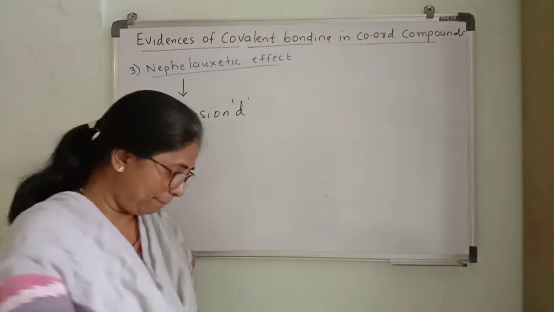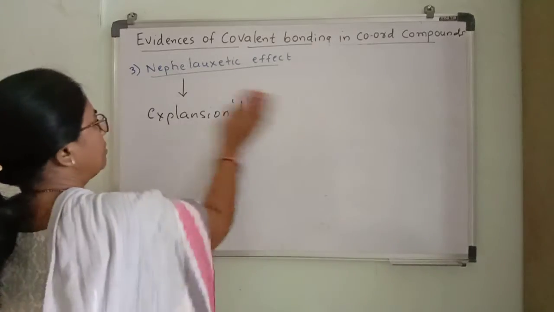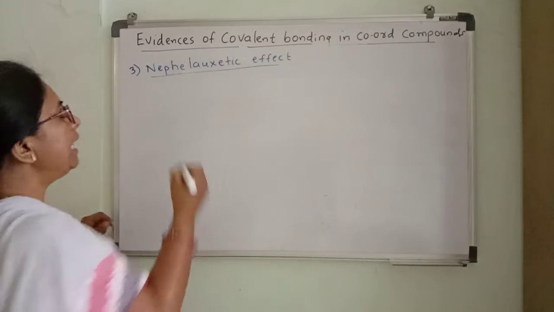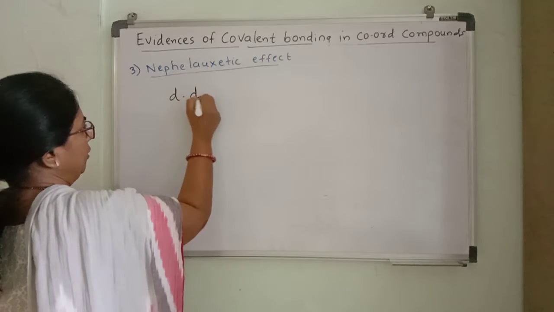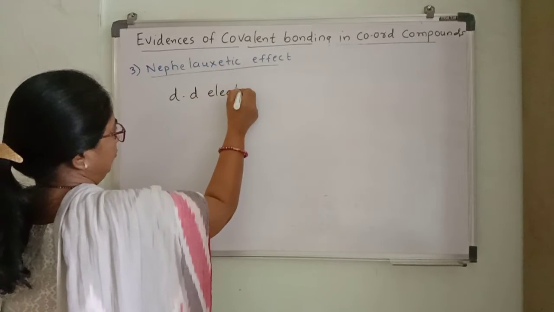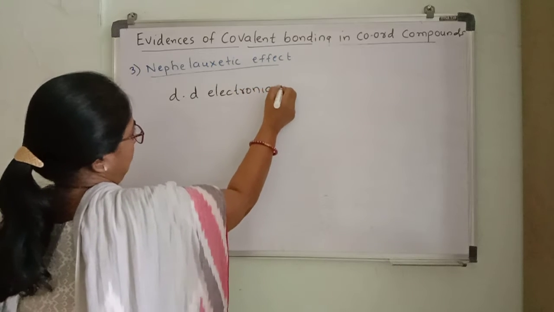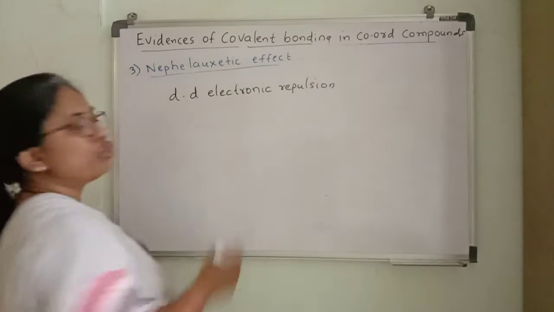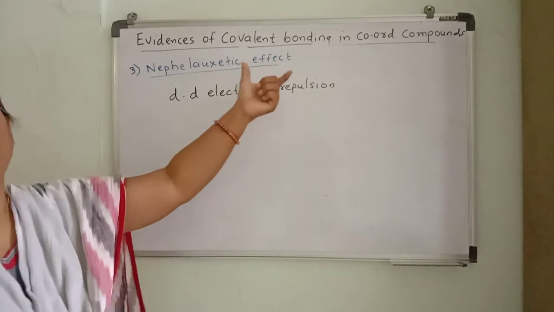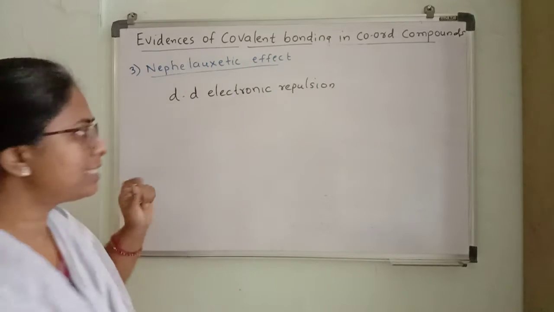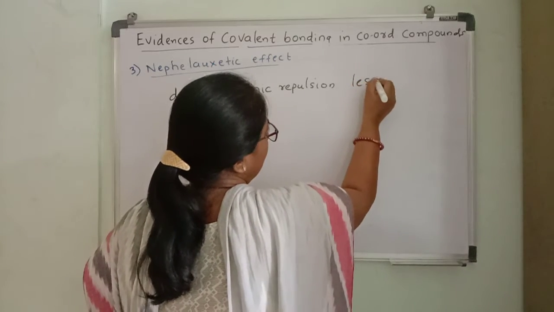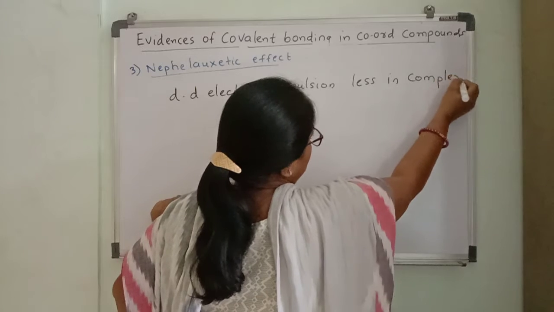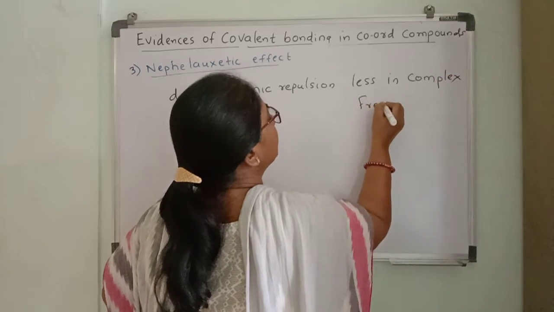Now what happens here? It is observed that d-d electronic repulsion is less in a complex than in a free metal ion.